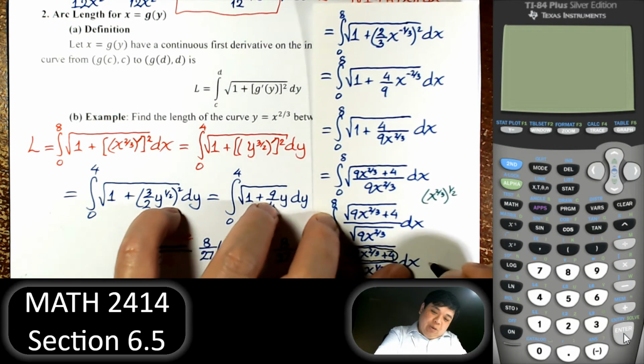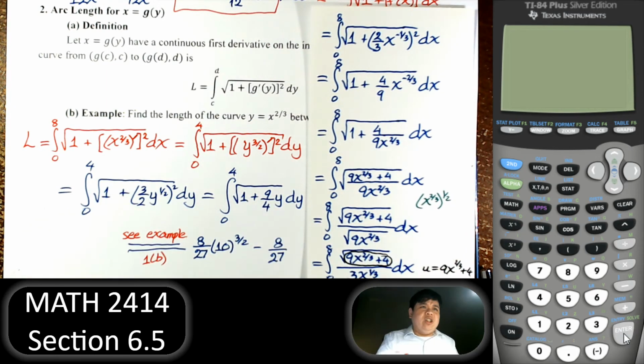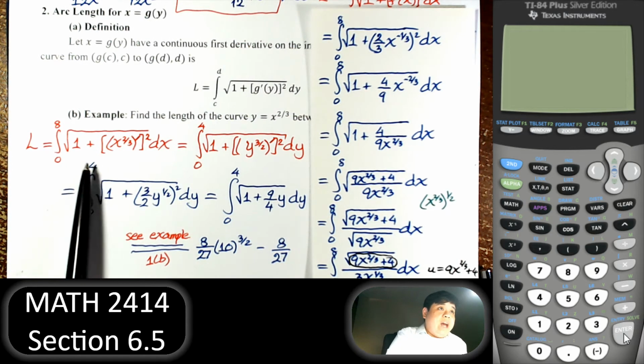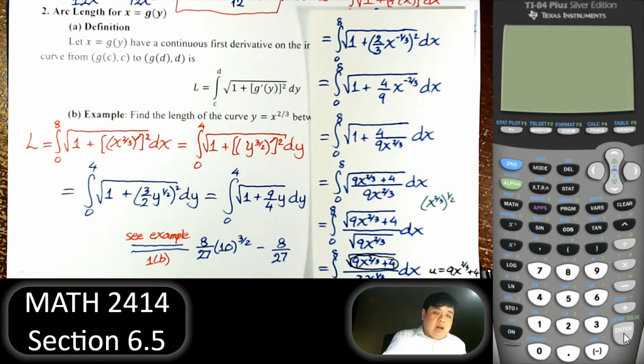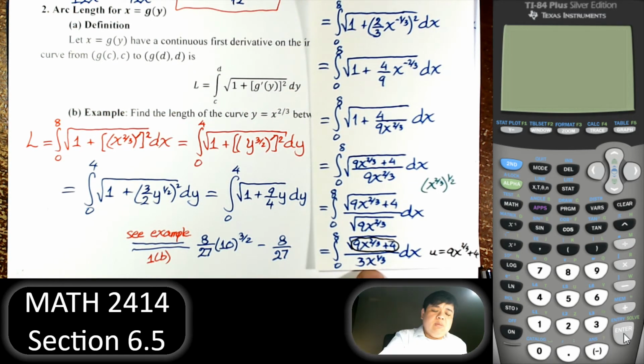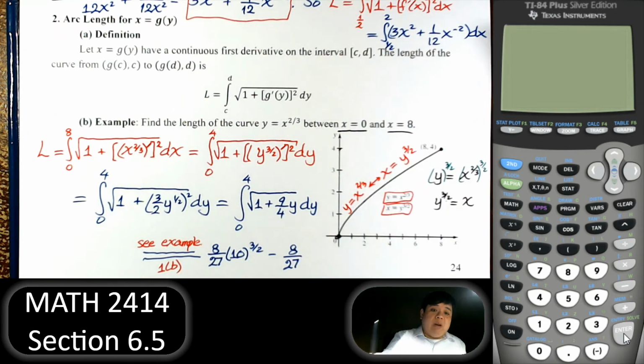So from here we let u equal to 9x to the 2/3 plus 4. You can always continue from there, but I just want to show that if we have to do it this way, this is how it goes. Use substitution from here. It's not that bad because it will cancel out with the extra 1/3 here. So that will work out nicely.